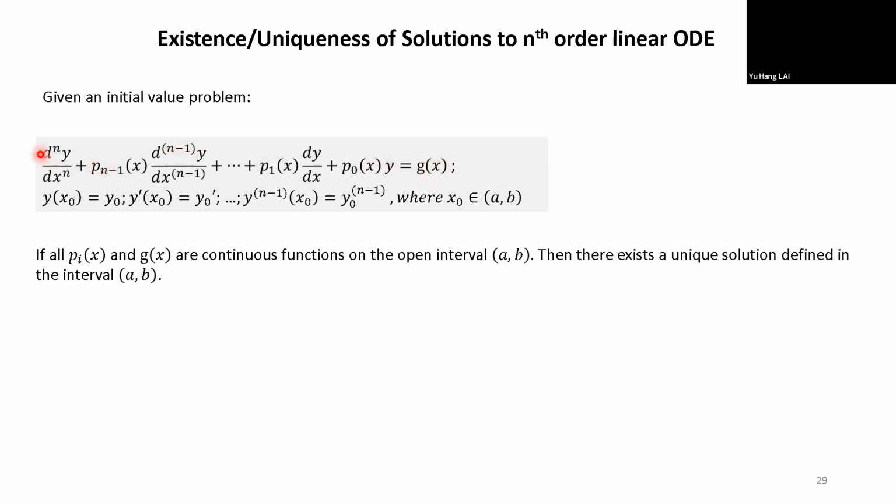You can see that the highest derivative that appears in the equation is d^n y dx^n, so this is the nth order ODE. But still, all the coefficient functions are just functions of x, and that's why this is still a linear ODE. And then the right hand side can be non-zero, so it's non-homogeneous.